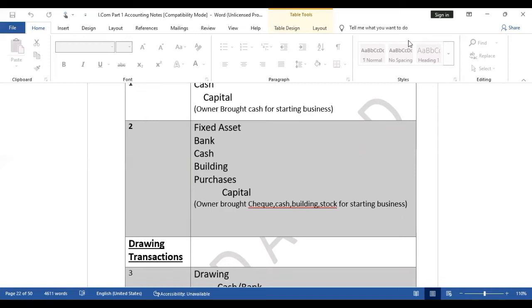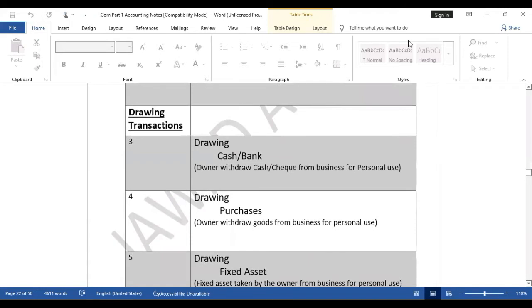So the entry will be fixed asset debit, bank debit, cash debit, building debit, and for the stock brought, purchases debit. So the combined entry will be fixed asset debit, bank debit, cash debit, building debit, purchases debit, and capital credited with the total amount of the debit side.